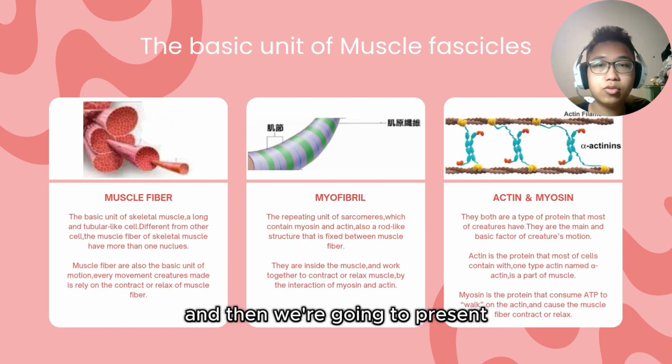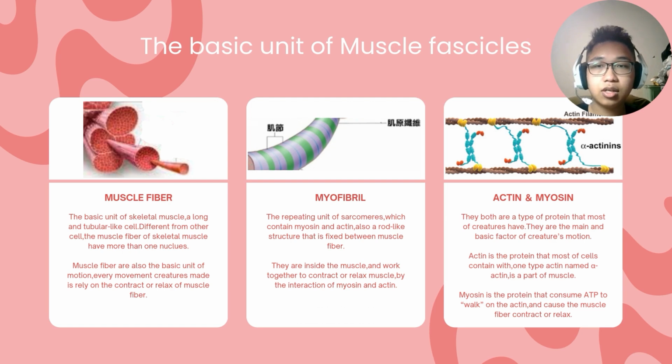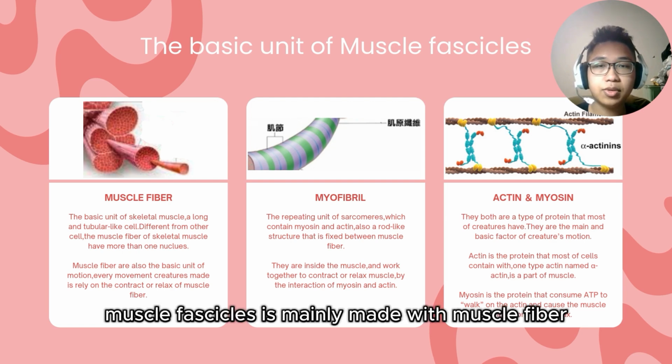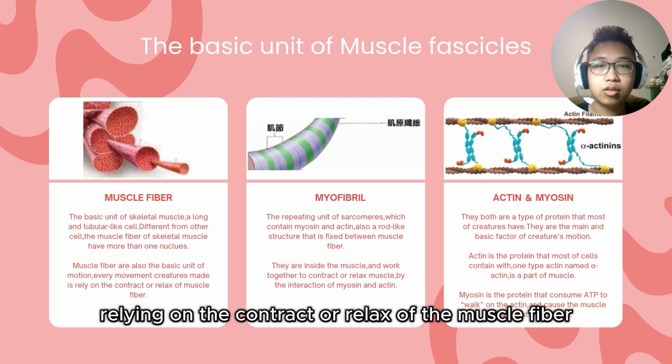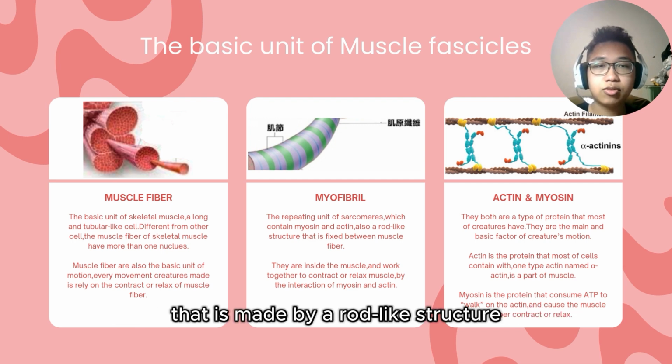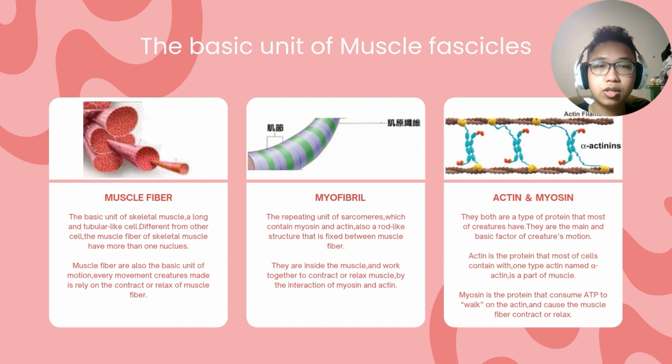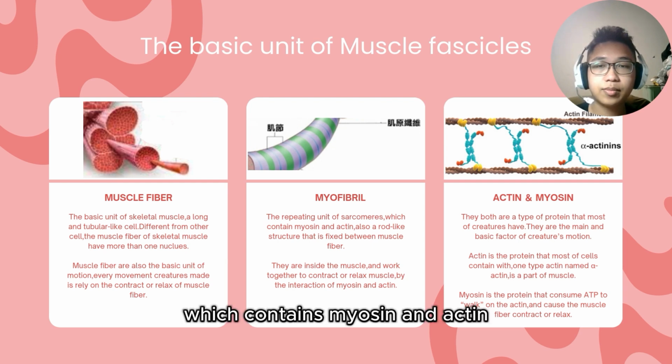And then we are going to present the basic unit of muscle fascicle cells. Muscle cells are mainly made of muscle fibers, long tubular cells. Every movement a creature makes relies on the contraction or relaxation of the muscle fiber, which is made of a rod-like structure fixed within the muscle fiber called myofibril, with repeating units of sarcomeres, which contain myosin and actin.